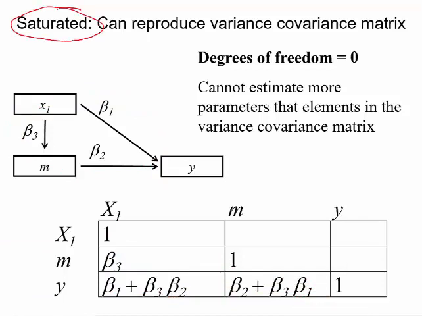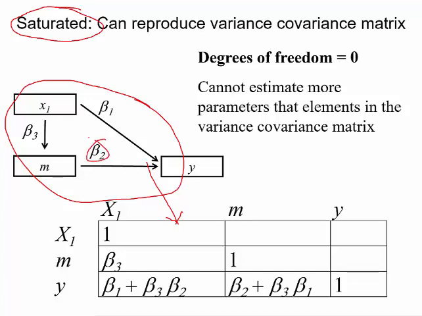There's a couple of things about a saturated model. First of all, once my model is saturated, it means that if I use my model to recreate the variance-covariance matrix, I will recreate it perfectly. If I accurately calculate my 3 betas here, and use those betas to recreate this model using these formulas I have down here for calculating each covariance, I will perfectly and accurately reproduce each of those covariances as they originally were in my data set.